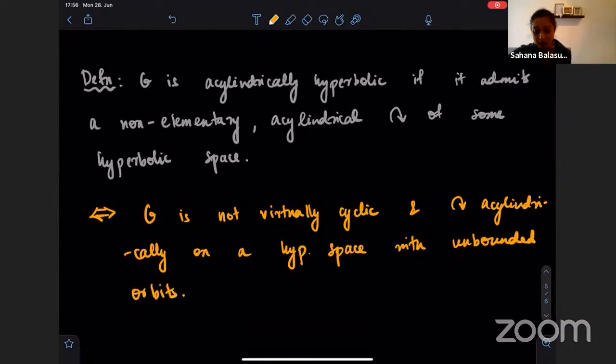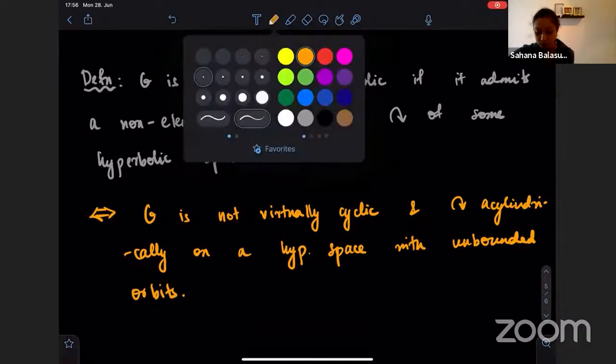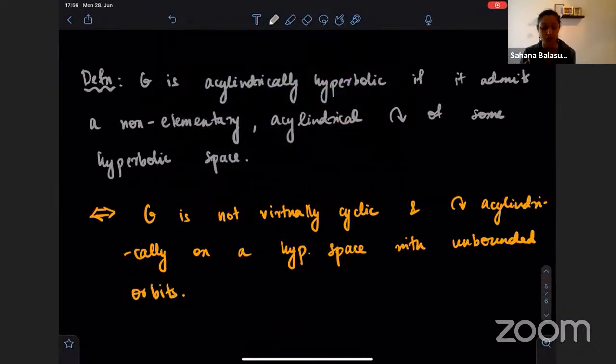Because having the group not be virtually cyclic rules out the second case, and the fact that you act with unbounded orbits rules out the first case, and then the only option left in the case of acylindrical actions is the third, which automatically gives you non-elementary behavior. So when it comes to checking whether an action is non-elementary, if you know it's acylindrical, it's enough to show that you have an unbounded orbit.